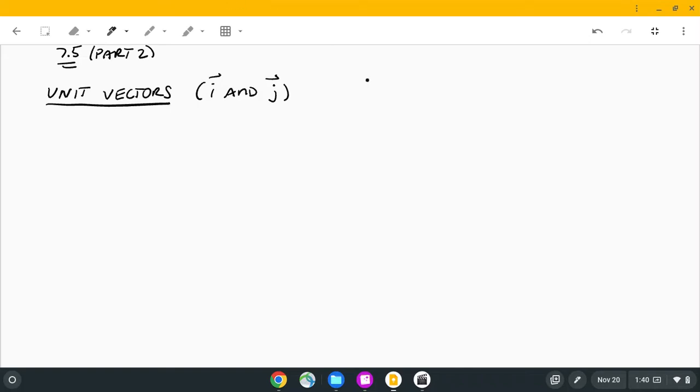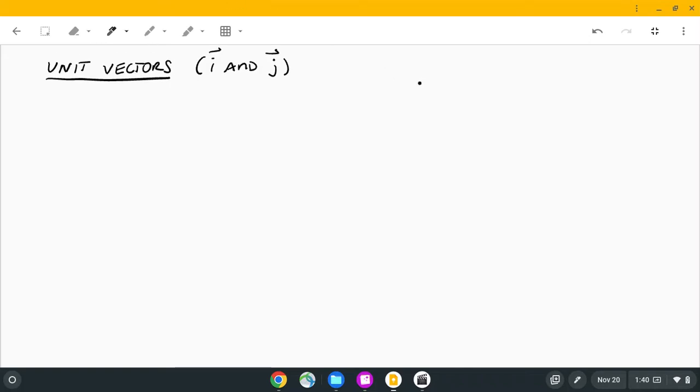Okay, so unit vectors. So we said a unit vector, just like a unit circle, has magnitude 1. So we are going to focus on two very specific unit vectors, the I vector and the J vector. Both of these are unit vectors, and both of them have a magnitude of 1. Okay, so let's write that down.